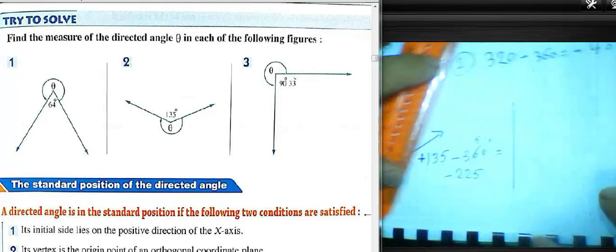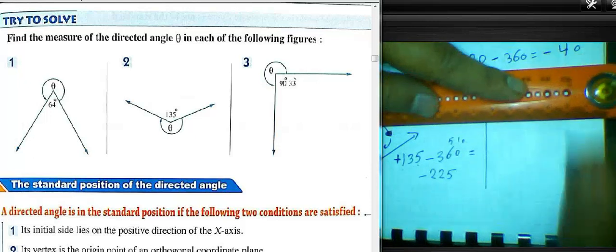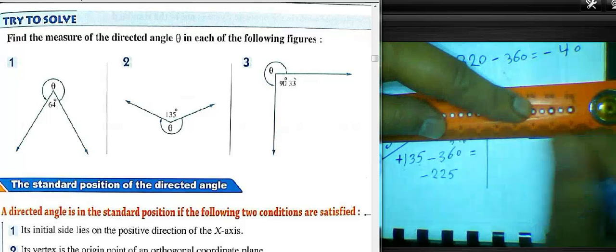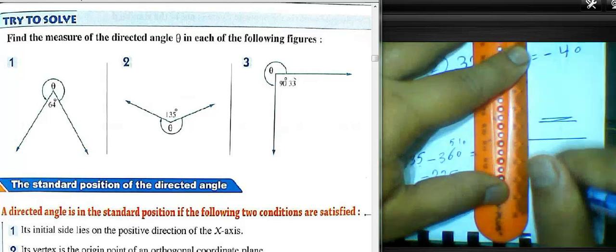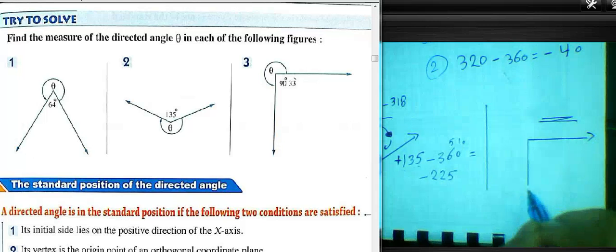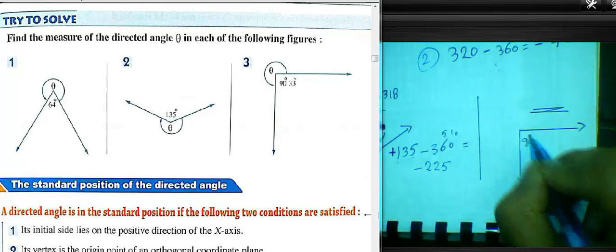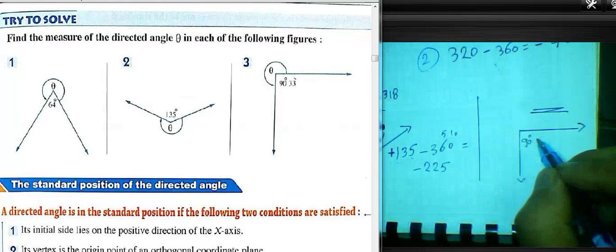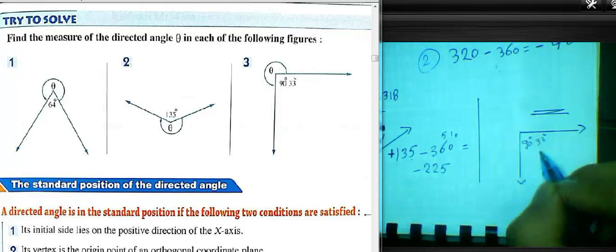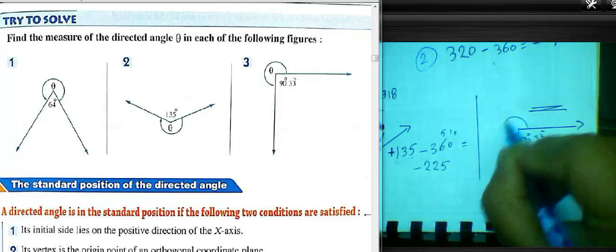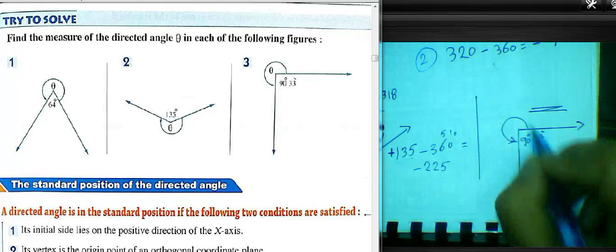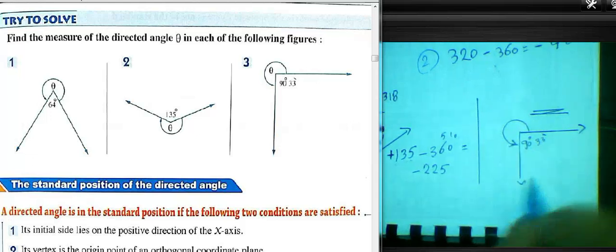Okay, I will solve this question. Here we have an angle of 90 degrees and 33 minutes, and this direction is anti-clockwise, so we can write negative or positive.